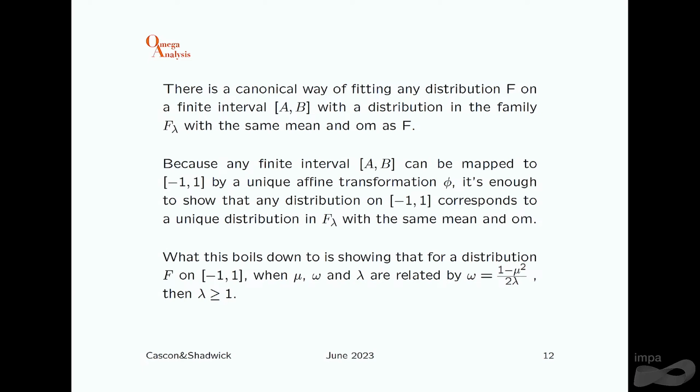And what it boils down to show that is that if we have a distribution on -1, 1, then it's got a mean somewhere between -1 and 1. It's got an ohm. And if it's going to fit in this family, the mean, the ohm, and the lambda have to be related by this identity. So we need to know that lambda is greater than or equal to 1.